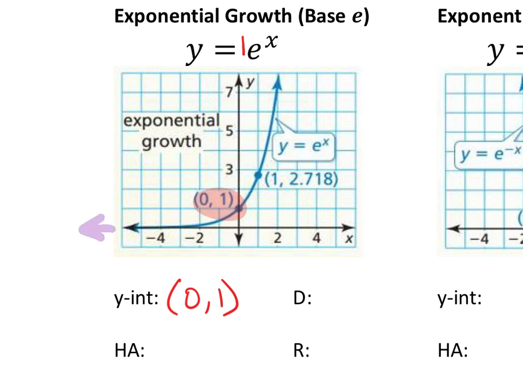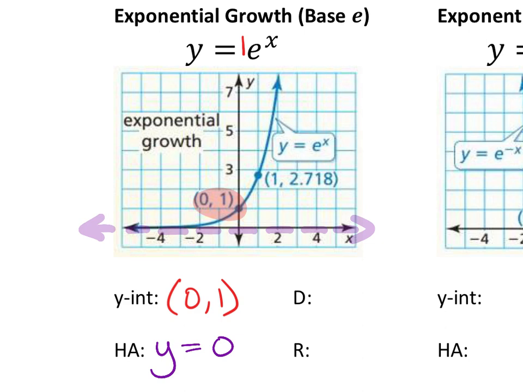So when we draw that in, it's this invisible horizontal line that's at the bottom of the curve. Today still, my horizontal asymptote is at y equals 0. That won't always be the case, but for these basic functions that we're learning about, the horizontal asymptote is going to be 0.